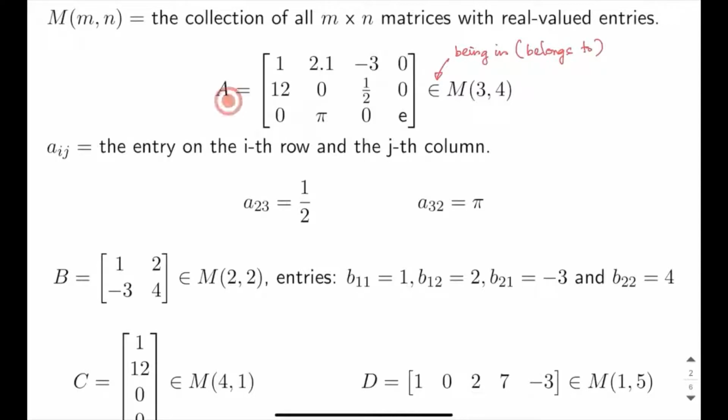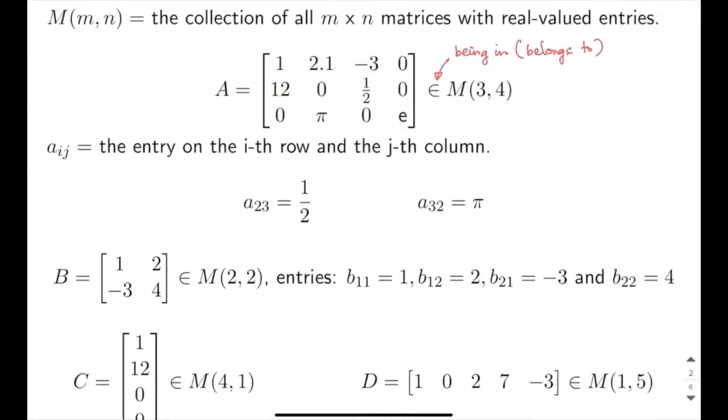So this matrix A is inside the collection M34, which means the collection of all 3 by 4 matrices: 3 rows, 4 columns, 12 entries. And each entry here is a real number, right?